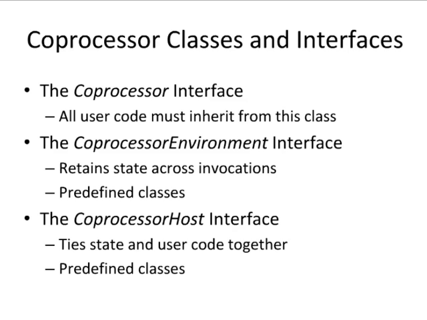For example, there is a coprocessor environment. The coprocessor environment is the one that retains the state across invocations of coprocessors. It's where the coprocessor is embedded, and it gives it the memory. It's a predefined class, as I mentioned. To support this, or to run everything together, there is the coprocessor host. The coprocessor host is what ties the state or the environment and the user code, your coprocessor, together.